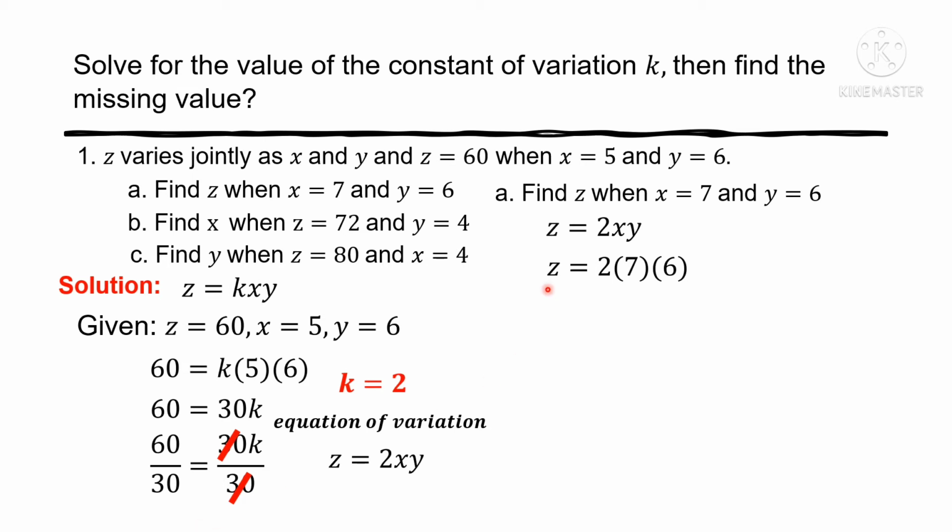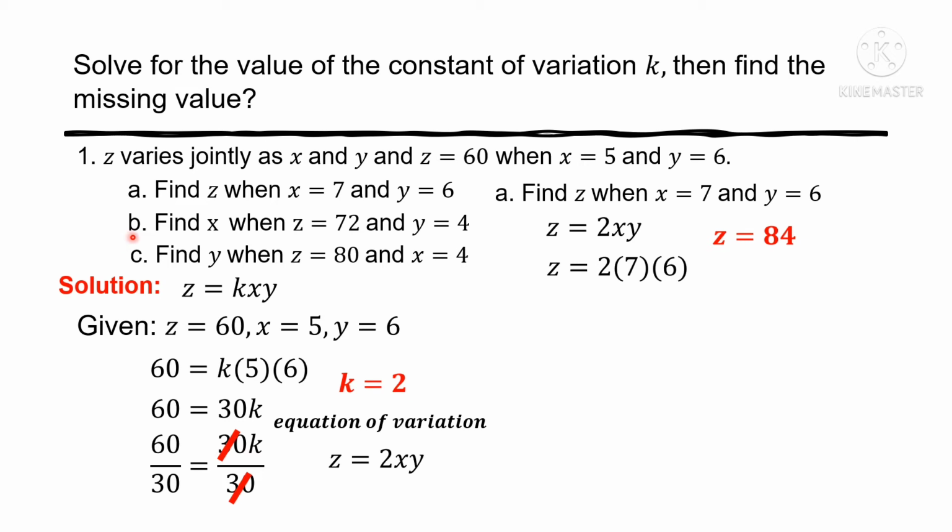So we have now z equals 2 times 7 times 6. Okay, 2 times 7 times 6 is equal to 84. So in other words, your z is 84 when x is 7 and y is 6. So that's the answer now.